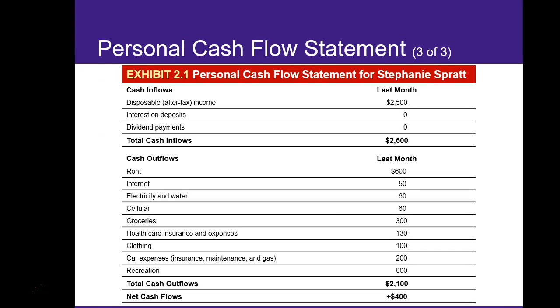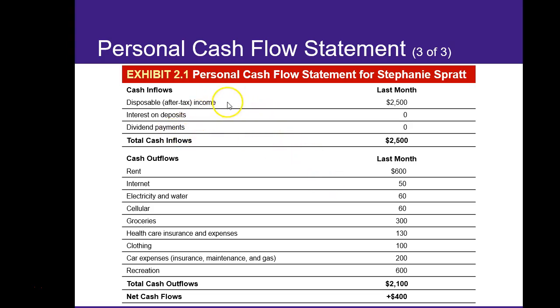Here we have a sample of a personal cash flow statement. Notice the top portion shows the different sources of cash inflows, whether it's income from an employer, interest on deposits, or dividends. Again, there could be rental income coming in. Whatever income source you have, you want to list the income.